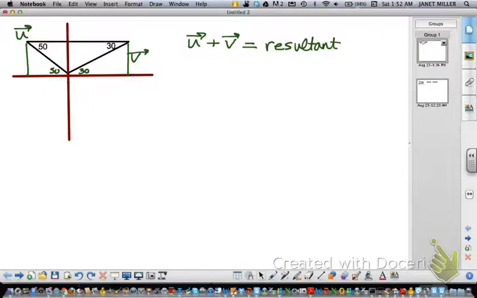So my x component for u will be the hypotenuse, which we don't know, so we'll just call it u for now, times the cosine of 130 degrees. And my y component will be the hypotenuse times the sine of 130 degrees.